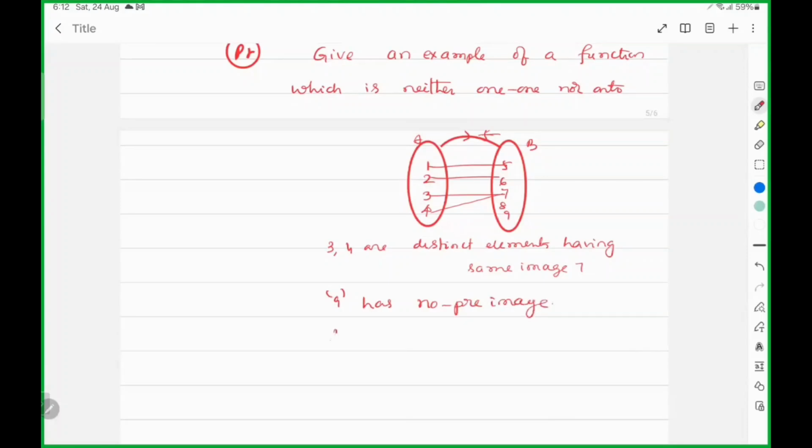So therefore, f is not onto. So this is an example of a function which is neither one-one nor onto.